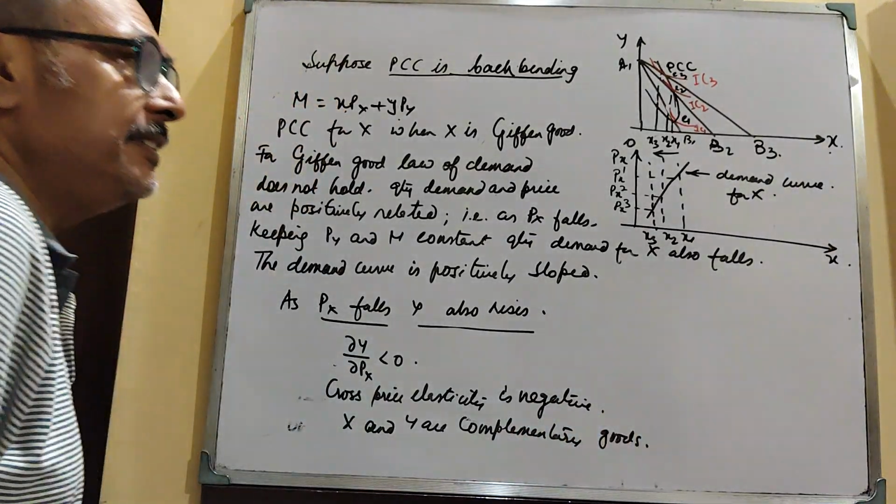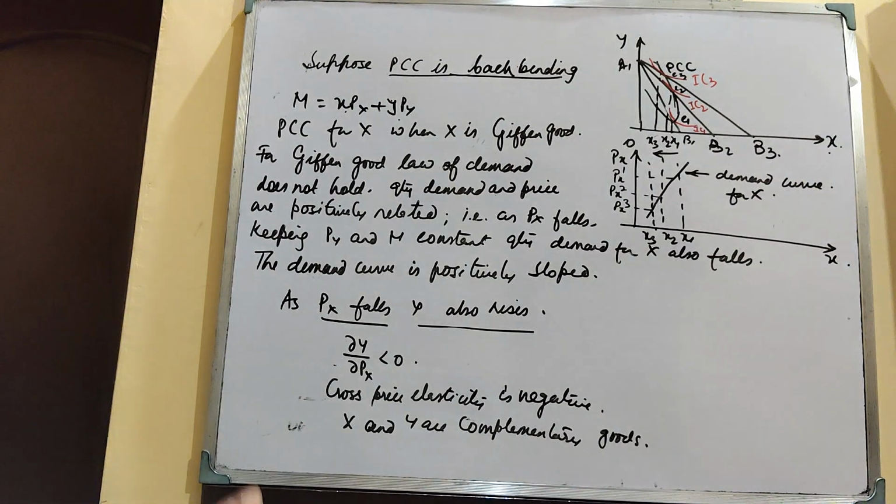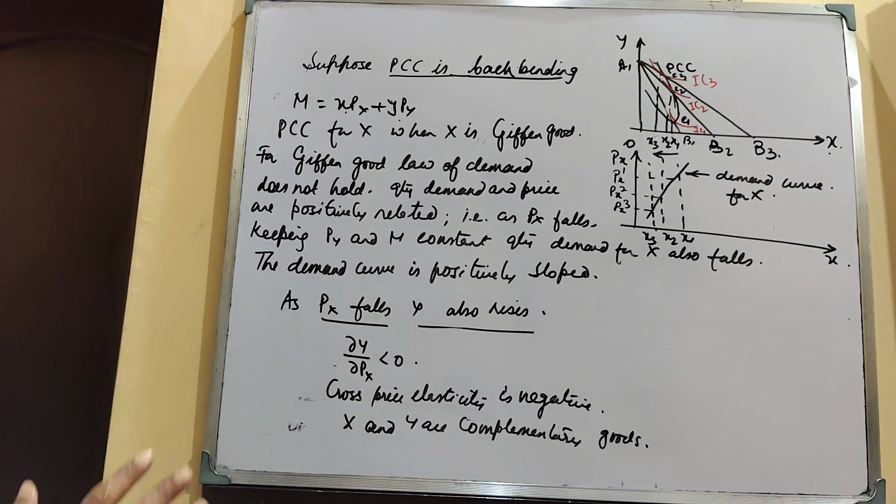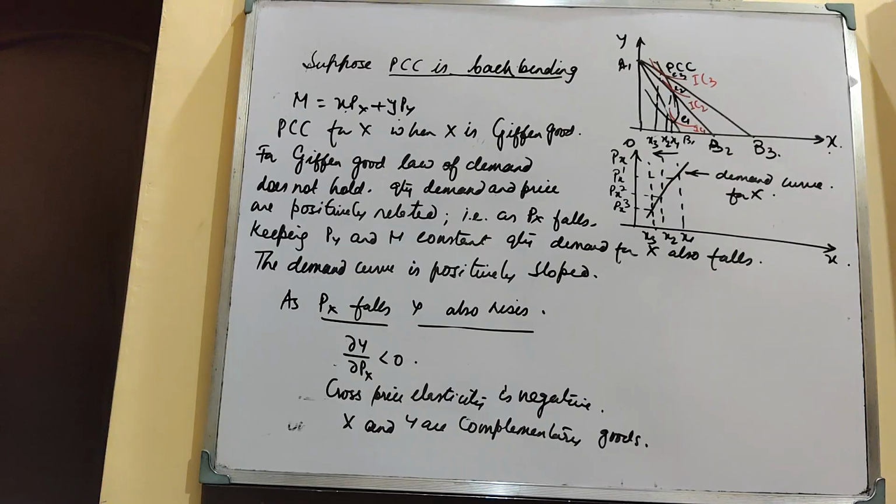Therefore, we have done the PCC when it is upward sloping, horizontal, vertical, downward sloping, and backward bending. We have done 5 cases of PCC, and we drew the demand curve, own price elasticity, and cross price elasticity for all 5 cases.